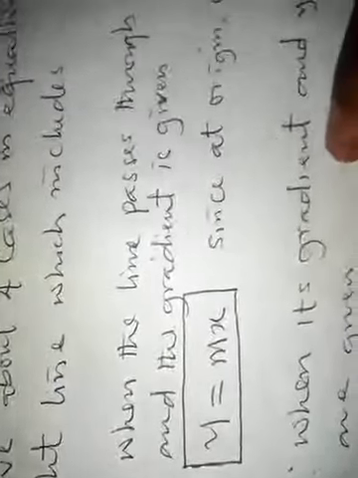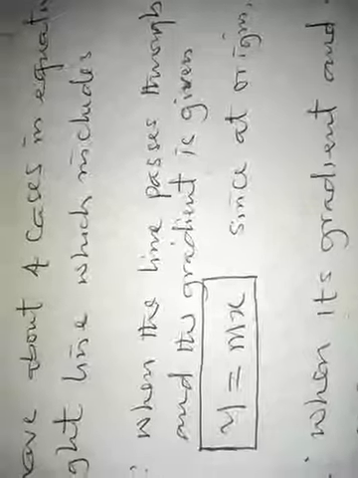Okay, and under equation of straight line, there are different cases we have that a question can be given. We're going to be considering 4 of these cases. Case one is when the line passes through the origin and the gradient is given.